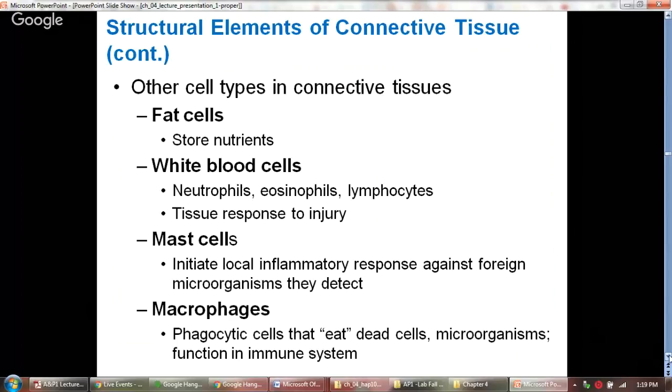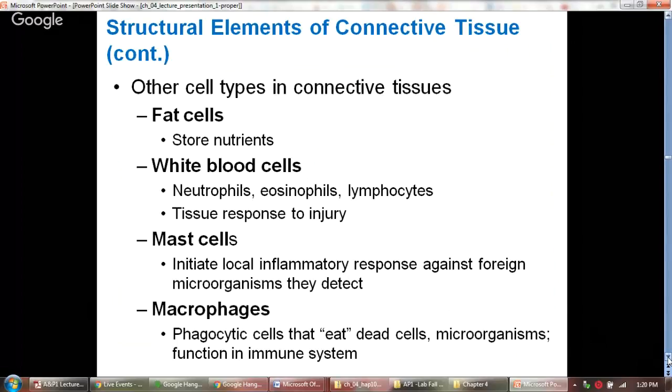The other cell types you would encounter in the connective tissue are the fat cells, which store nutrients, and white blood cells, the neutrophils, eosinophils, and lymphocytes, which provide the tissue response to injury. You can also find the mast cells, which initiate the local inflammatory response against foreign substances and microorganisms, as well as macrophages, which are phagocytic cells that eat dead cells and microorganisms, and also provide function in the immune system.